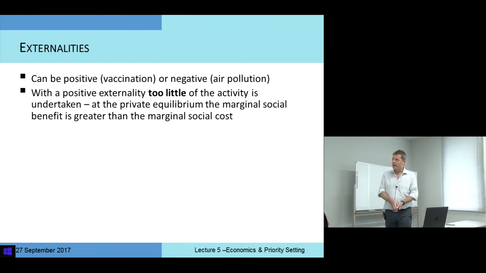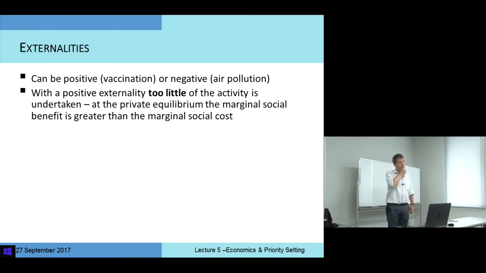With a positive externality, too little of the activity is undertaken. There's not enough of it. At the private equilibrium, if we just leave it to the individual decisions of consumers and producers, the marginal social benefit is greater than the marginal social cost.